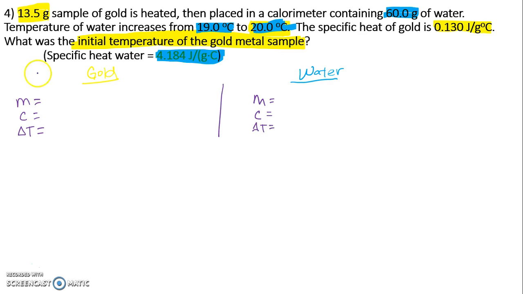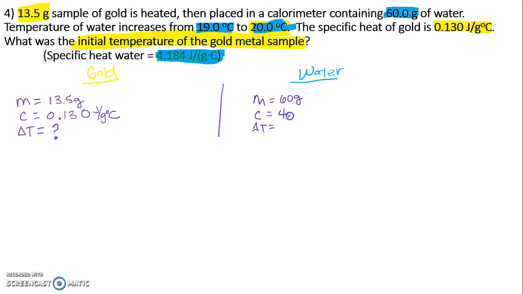So the mass of the gold, so gold's in yellow, the mass was 13.5 grams. The specific heat was 0.130 joules per gram degree Celsius. The delta T, so for gold, we don't actually know because we don't know the initial temperature, so I'm just going to make this one a question mark. The mass of the water was 60 grams.